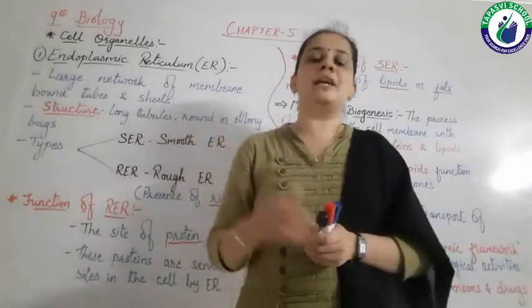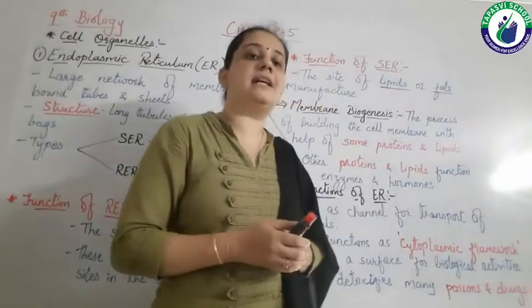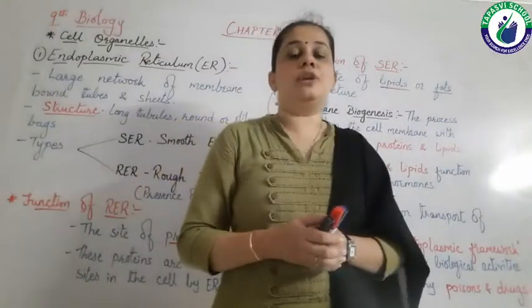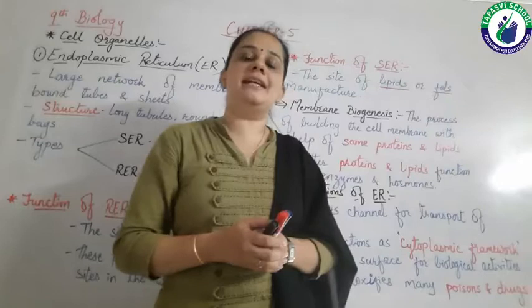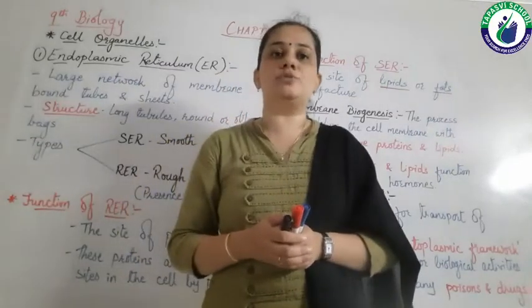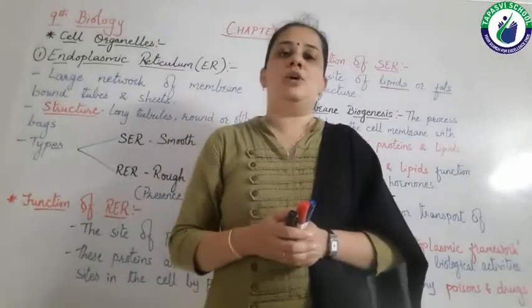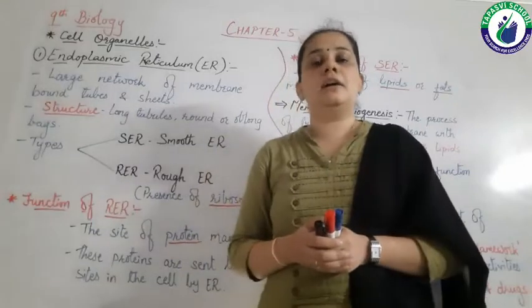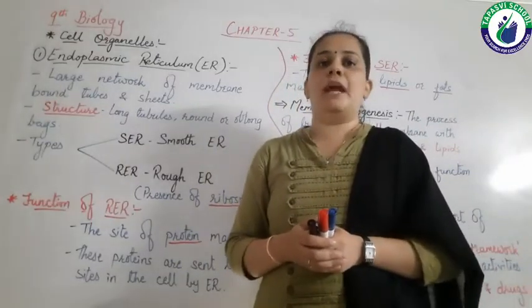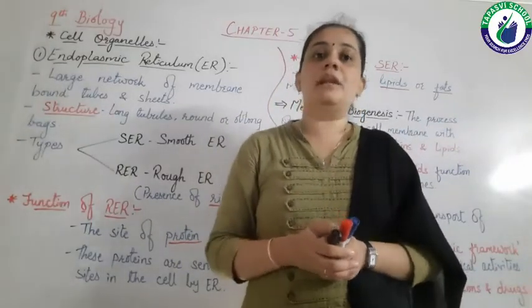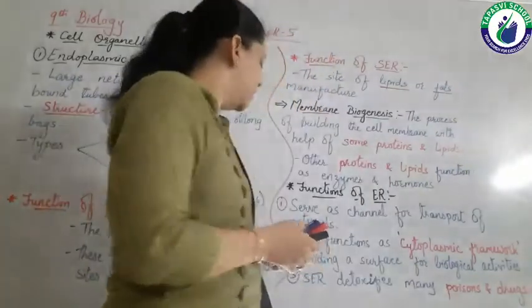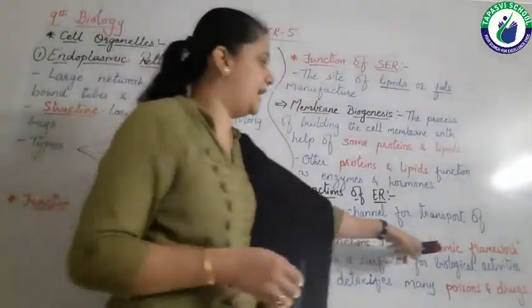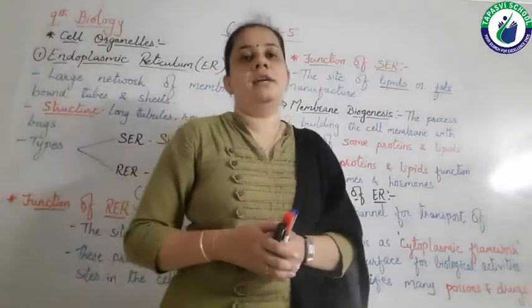From the endoplasmic reticulum, the materials get transported to the nucleus and inside the cytoplasm to various cell organelles. So this is one function of the endoplasmic reticulum. Let's see another function: it functions as a cytoplasmic framework.